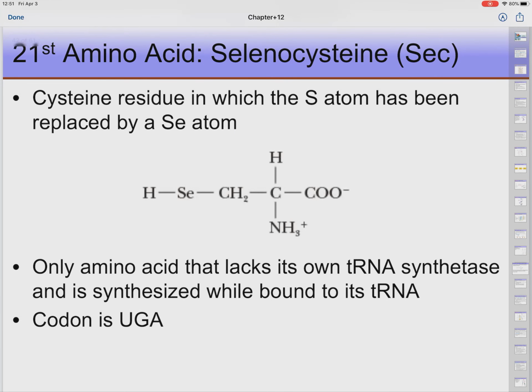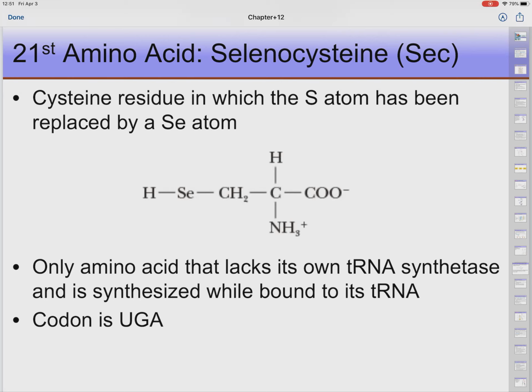21st amino acid, selenocysteine. So there are other amino acids, we've talked about this, amino acids that are not found in proteins, but there are a couple others that are found in proteins, like hydroxyproline, and obviously N-formyl methionine. These guys get post-translation modifications.